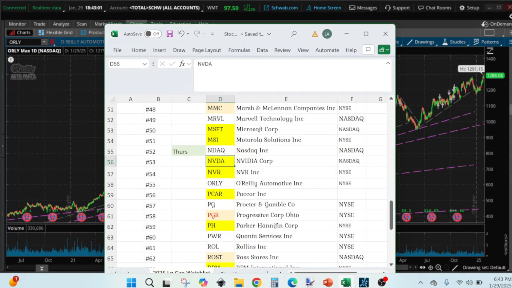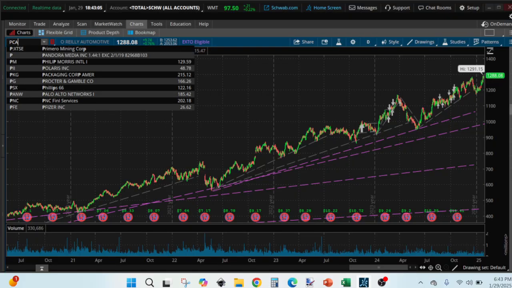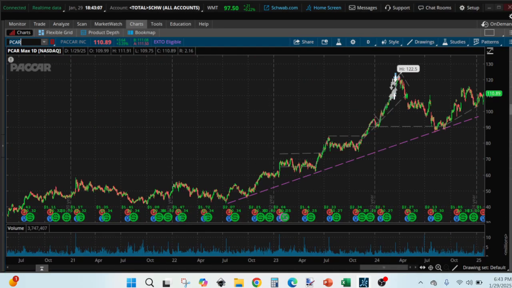So the next one is PCAR, and we purchased PCAR last year as well, around the peak of the mountain, and we can see it looks just like this mountain here.